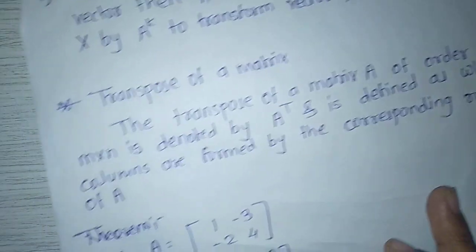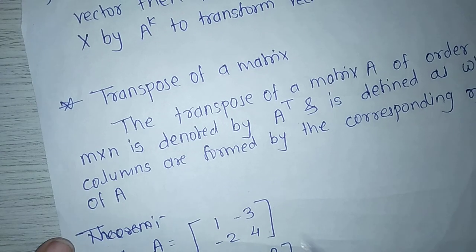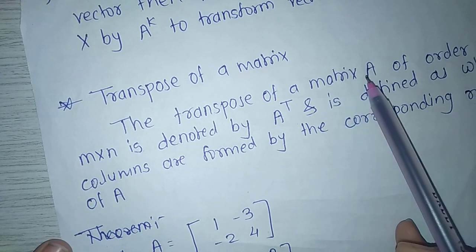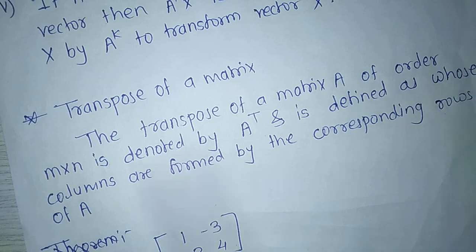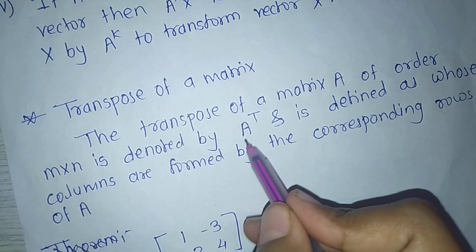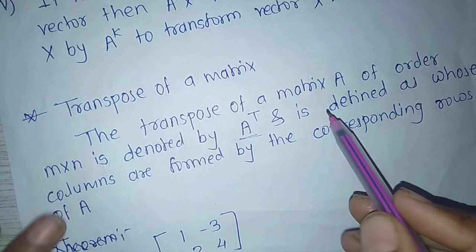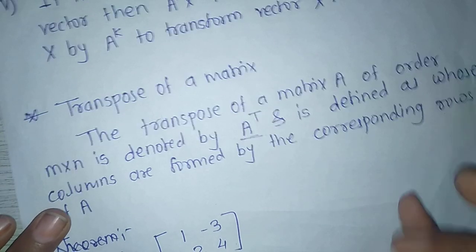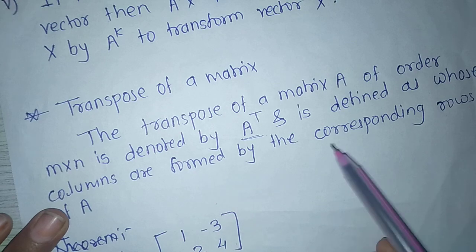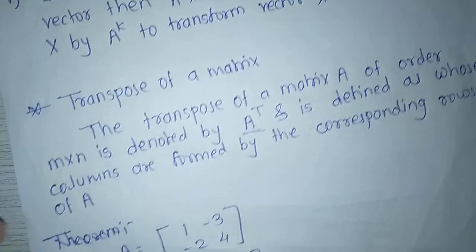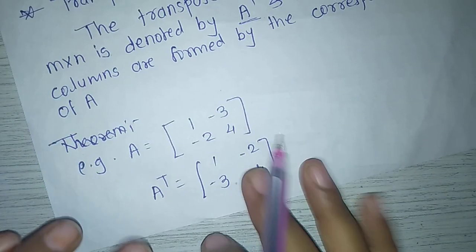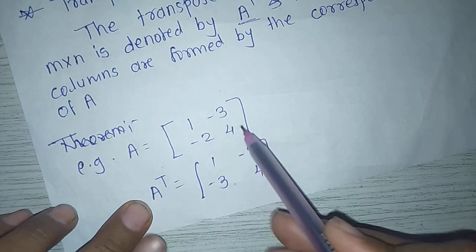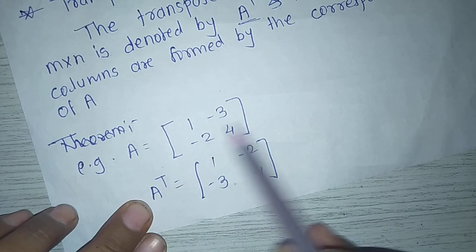Next point, transpose of a matrix. The transpose of a matrix A of order m by n is denoted by A transpose. A raised to t means A transpose and is defined as the matrix whose columns are formed by the corresponding rows of A. For example, A equal to 2 by 2 matrix with entries 1, minus 3, minus 2, 4.